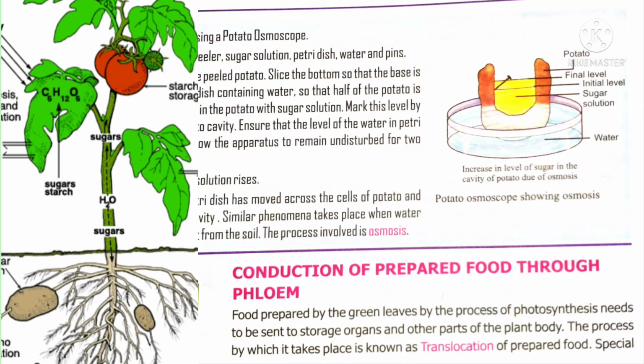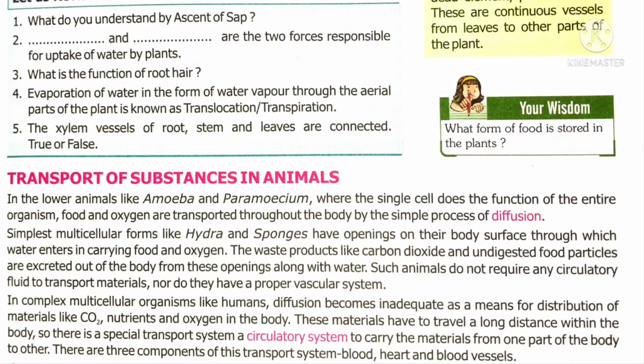Next we move on to the topic transport of substances in animals. We know that unicellular organisms like amoeba and paramecium perform all these functions together in a single cell. That means transportation, carrying food and elimination all take place in this single cell through the process of diffusion.